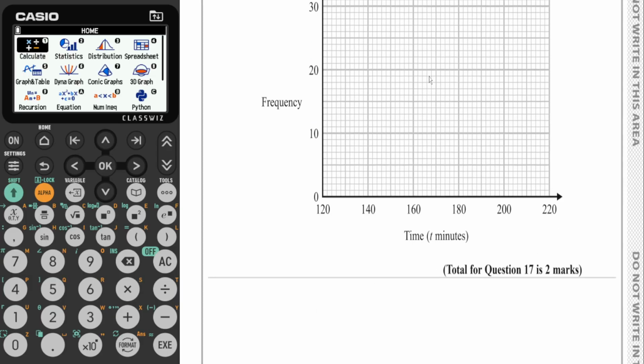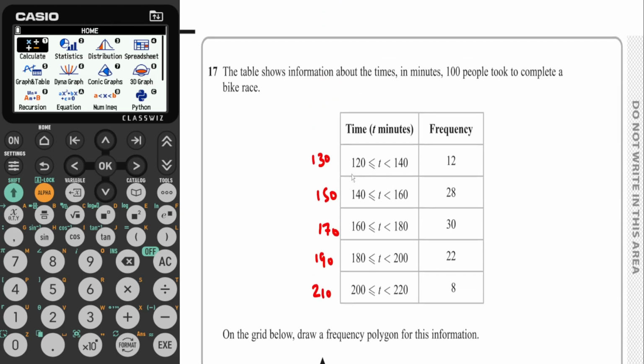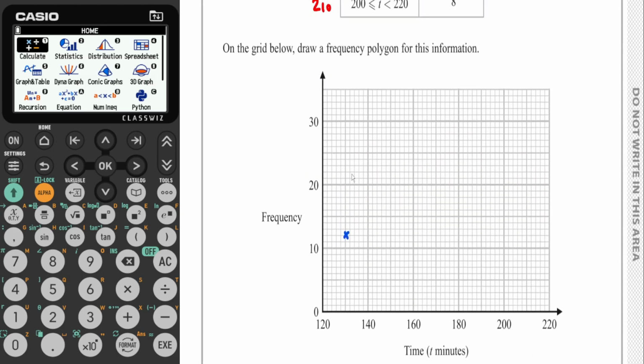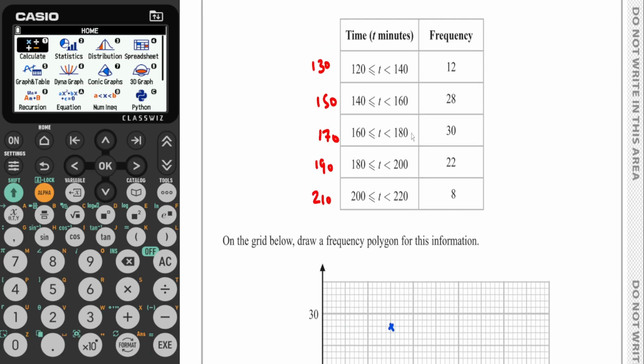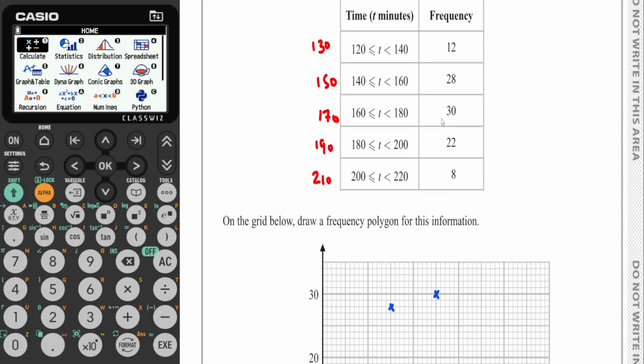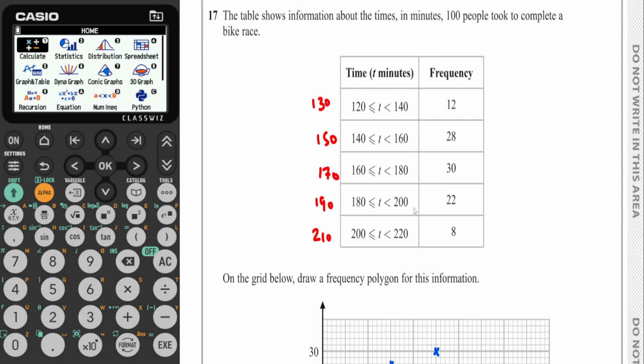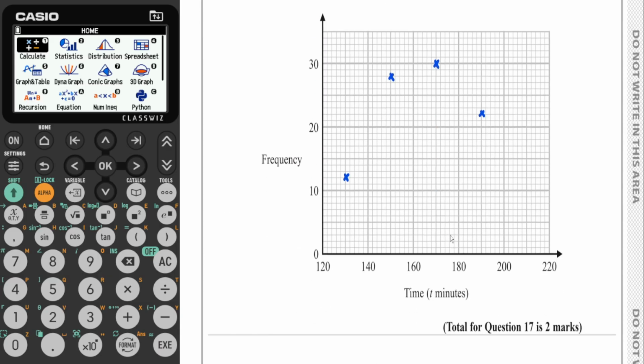So 130, then 12, that is over here. Then we've got 150, 28, so 150, 28, 170, 30, so 170, 30 is here, 190, 22, 190, 22 is here, and 210 and 8, that is over here.